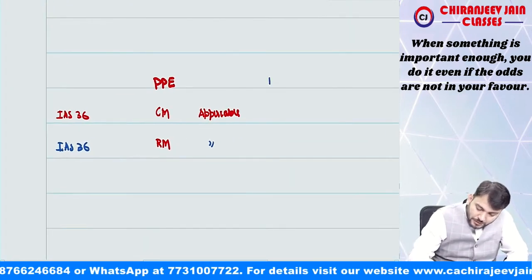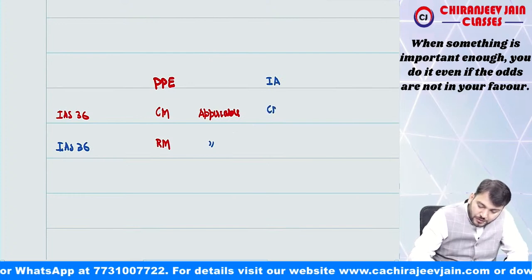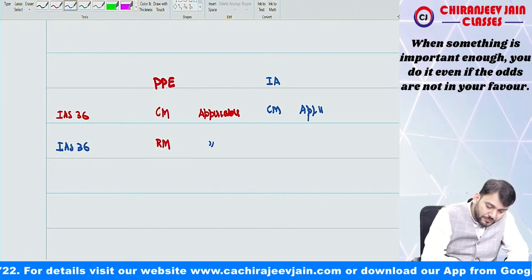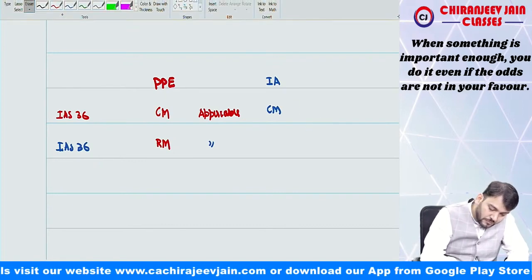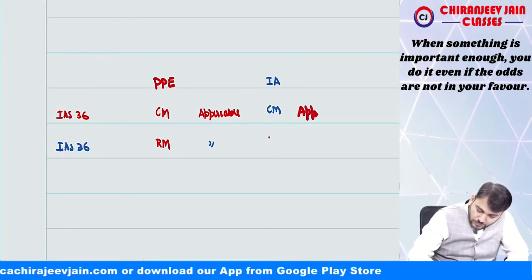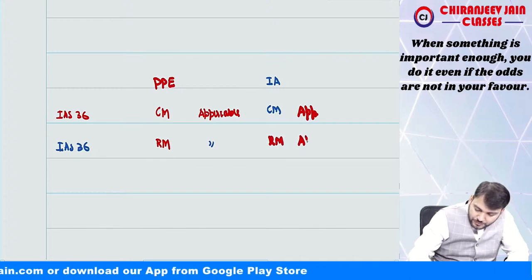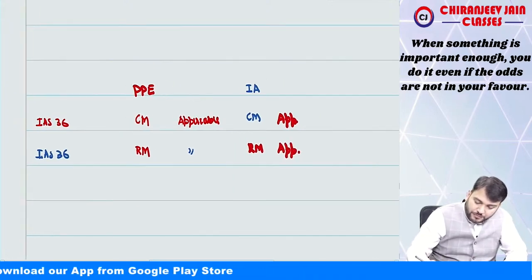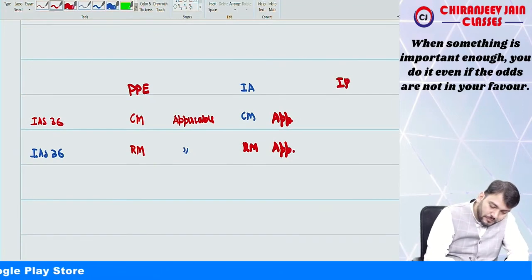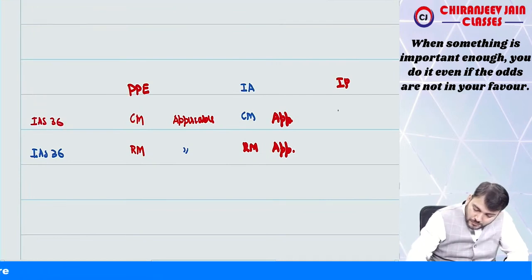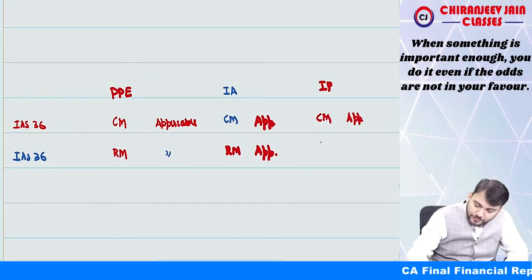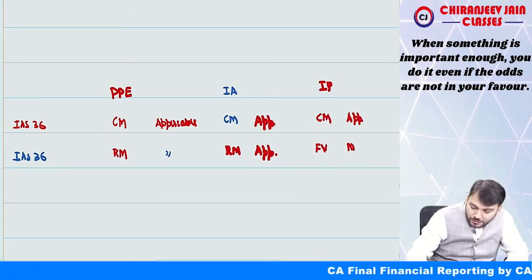Correct. Intangible asset, cost model, applicable. Revaluation model, applicable. Investment property, cost model, applicable. Fair value model, not applicable.